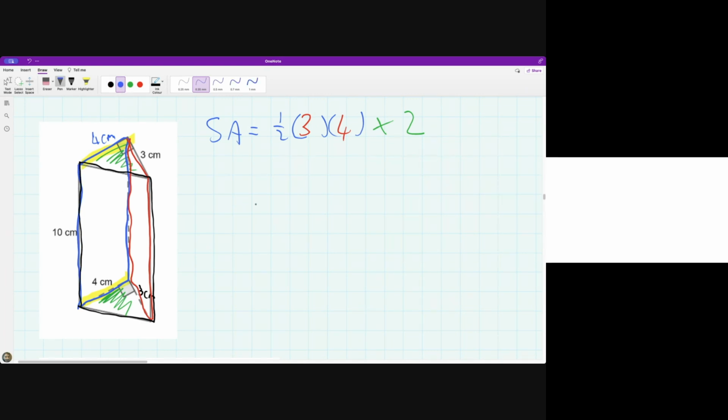Okay, so for the blue one, I get 4 times 10. For the red one, I get 3 times 10. And for the black one, what do we need? We need an old friend. Who do we need to help us? Who are you going to call when you've got two sides of a right angle triangle?